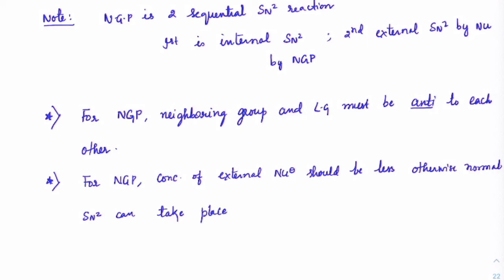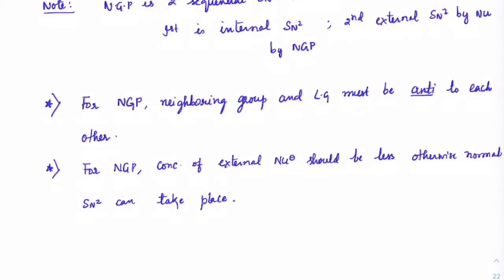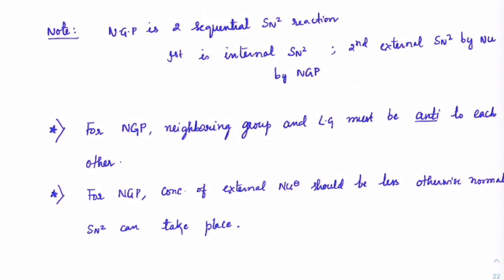So we will always try to maintain SN1 type conditions where we have a weak nucleophile or a low concentration. Then NGP will be better, and we can definitely expect NGP to happen.